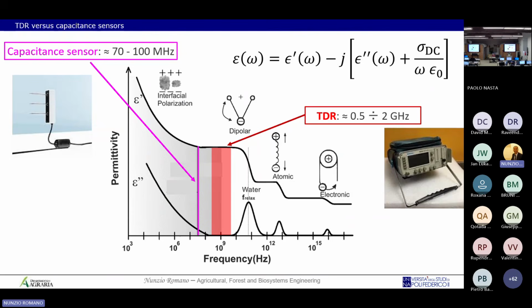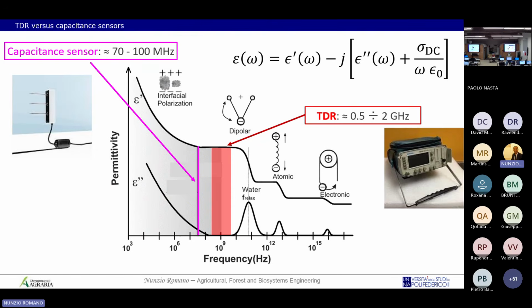So this is why I hope that this slide gives you an idea not only of the difference between TDR and a capacitance probe, but the fact that the TDR is an equipment that produces a little bit more precise value of the permittivity and hence of the soil water content.